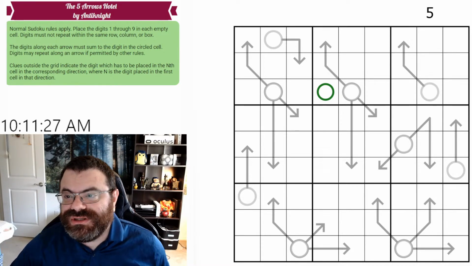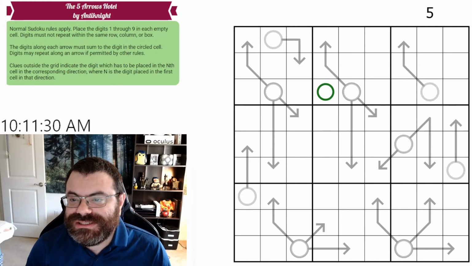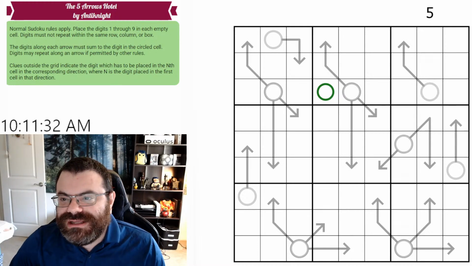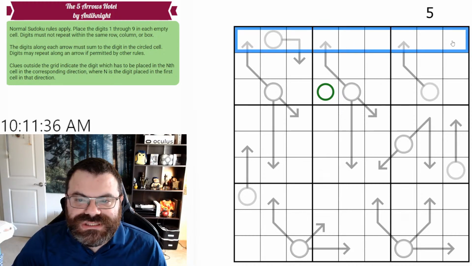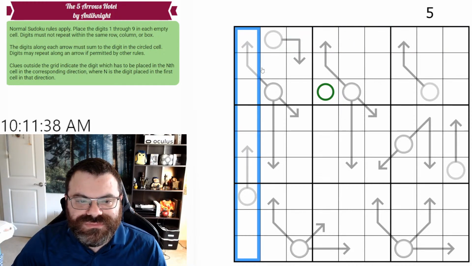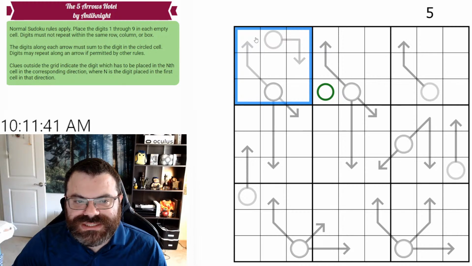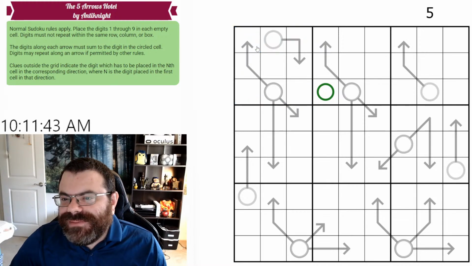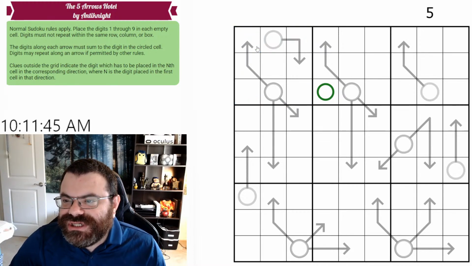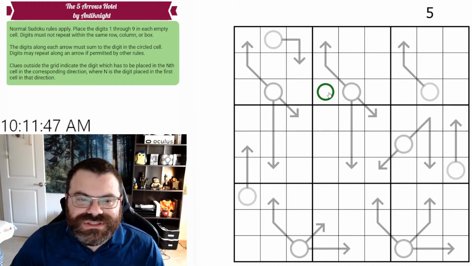Alrighty, so this puzzle's called The Five Arrows Hotel. It's by Antiknight. We have normal Sudoku rules, so we're placing the digits 1 to 9 in every row, every column, and every box once exactly. Alright, so the digits along each arrow. Okay, so these are standard arrows.